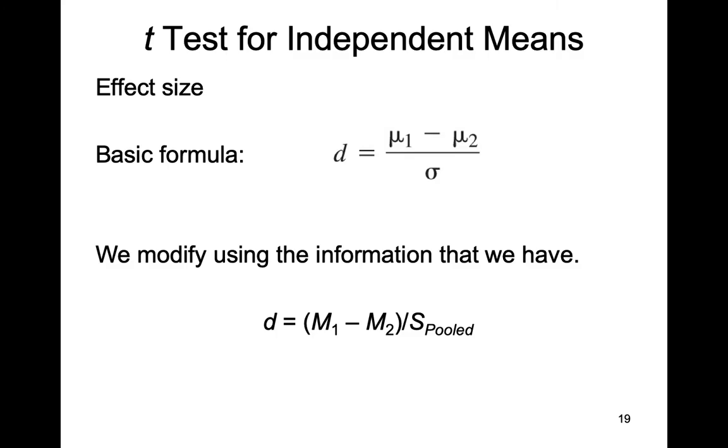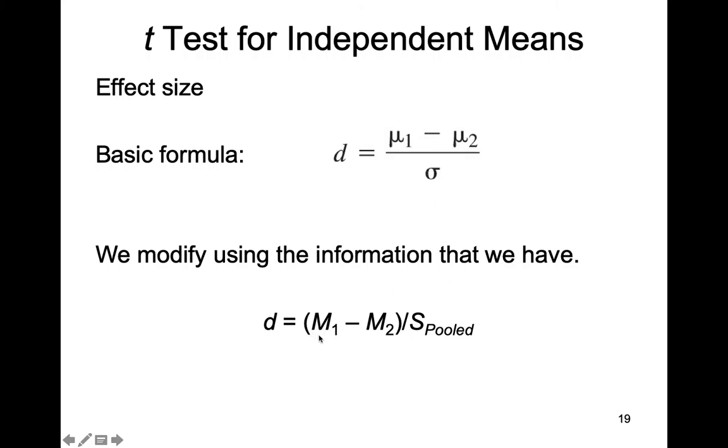In addition to statistical significance, it's possible to say something about the size of the effect. So we learned about effect size in previous lectures, but we can calculate effect size for independent means as well, and it's based on a similar formula. The basic formula is mu1 minus mu2 divided by the population standard deviation. We're just going to modify that formula using the information that we have.